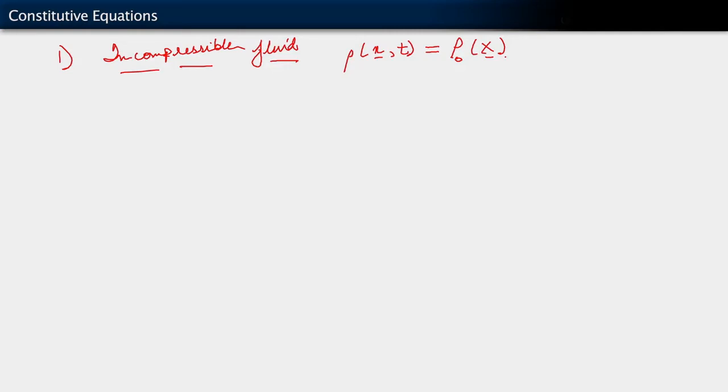What this implies is that the material derivative of the spatial density, which we've shown is this, is also the same as the material time derivative of the reference density, which is a function of position alone, and this is therefore dead zero.